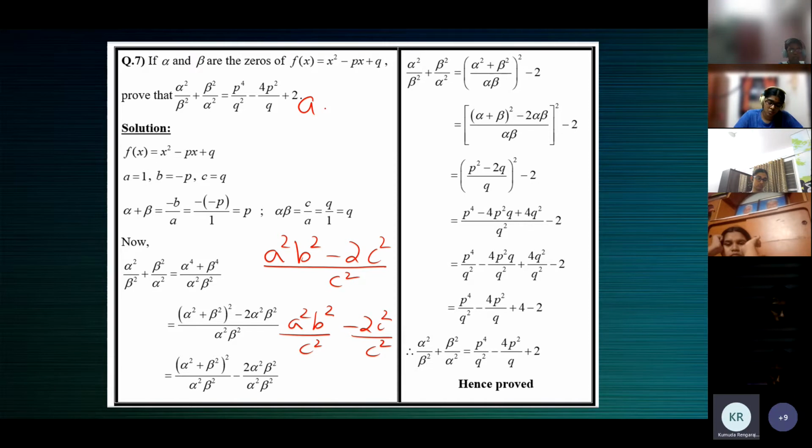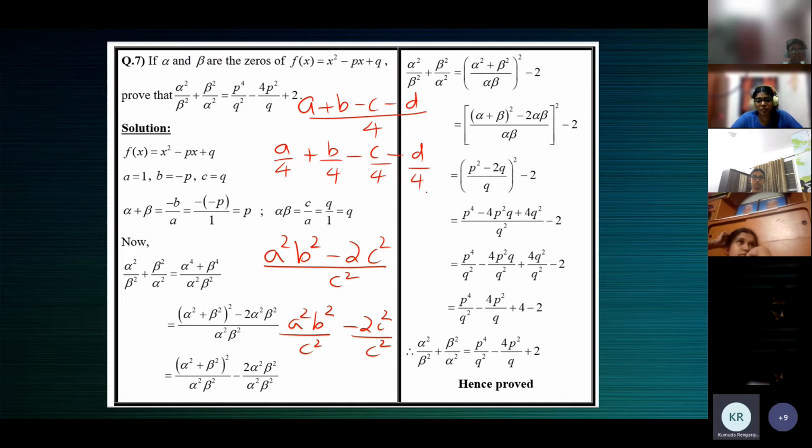Even more simple example, supposing we have a plus b minus c minus d by 4. The denominator 4 is for every term in the numerator. It's a by 4 plus b by 4 minus c by 4 minus d by 4. The denominator is for every term in the numerator. Now when you have this step, we take the LCM and we get this step. 4 is the common denominator and we get a plus b minus c minus d in the numerator.